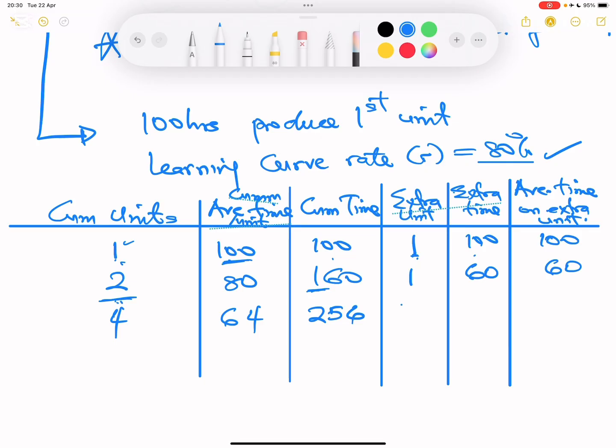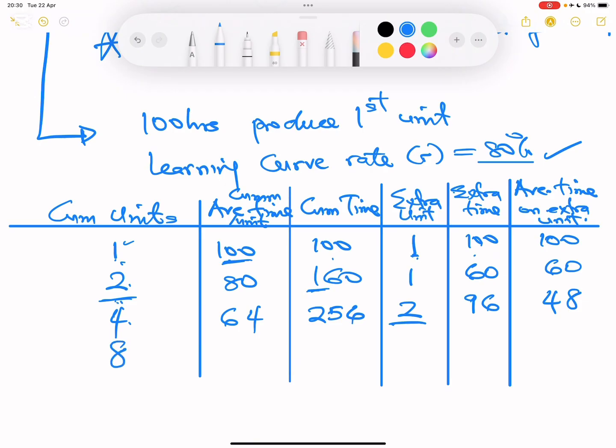The extra units produced will be 2, because we moved from 2 to 4, and the extra time to produce those 2 units is 256 minus 160, which gives us 96. So if we spent 96 hours to produce these extra 2 units, then for each extra unit we spend an average of 48 hours. And that is how it goes on and on.